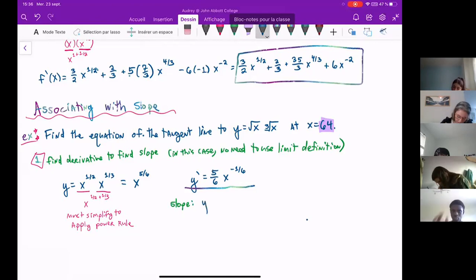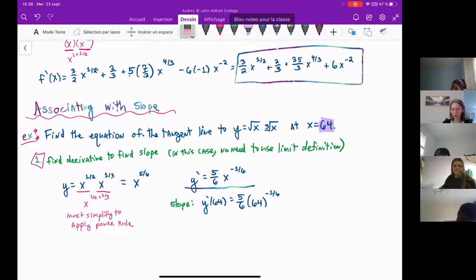So here I'm saying y prime of 64, and so I'll have 5 over 6 times 64 to the negative 1 over 6. You can plug that into your calculators to see that the 6th root of 64 is 2, so that's a 1/2, and this gives me a 5 over 12.